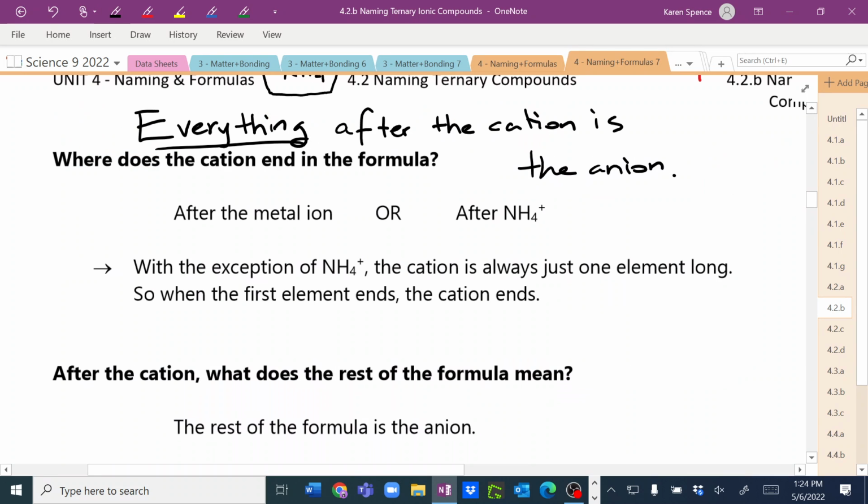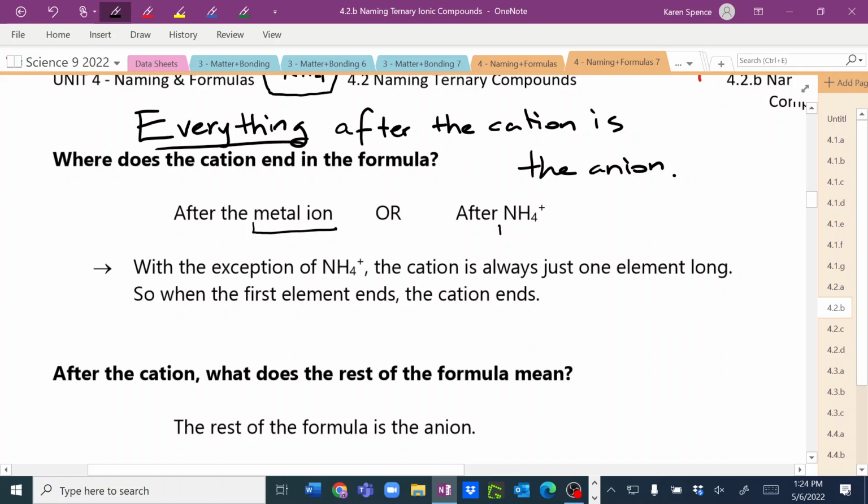So where does the cation end? It either ends after the metal ion or it ends after NH4. So the cation is almost always one element long unless you have NH4, in which case it's 2 elements long. Everything after that is always the anion.